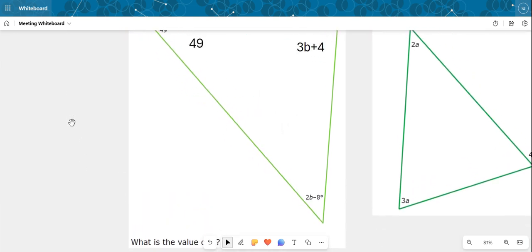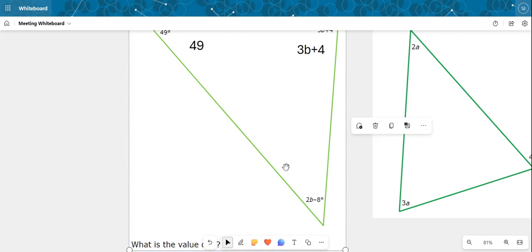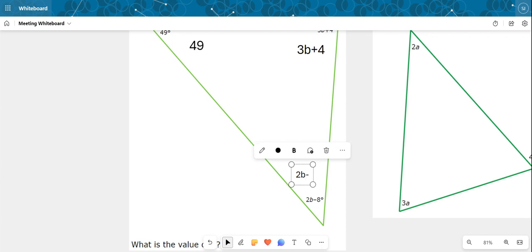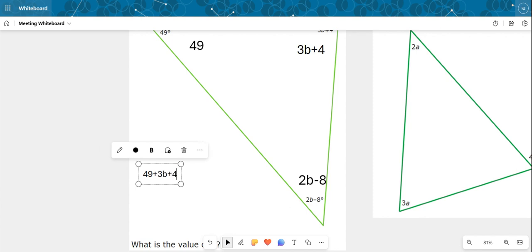And the bottom angle is 2b minus 8. Since we have these three angles forming a triangle, we get to say they add to make 180. We'll write that out: 49 plus 3b plus 4 plus 2b minus 8 equals 180.